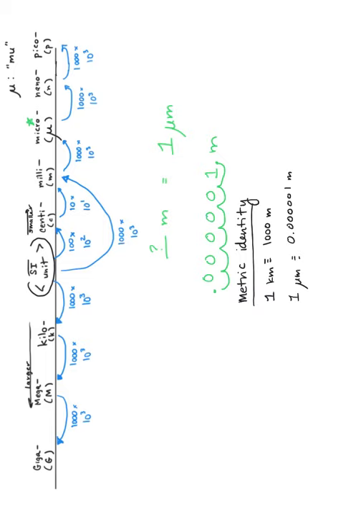Other ways to say this through scientific notation are that 1 kilometer is worth 10 to the third meters, or 1 micrometer is worth 10 to the minus 6 meters. So long as you can recreate a metric prefix timeline that includes these prefixes, you should have all the tools necessary to be successful when we measure quantities throughout the rest of this course and the rest of the general chemistry sequence.